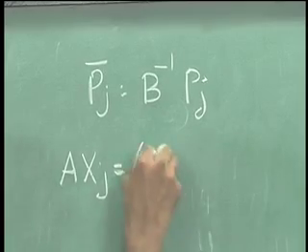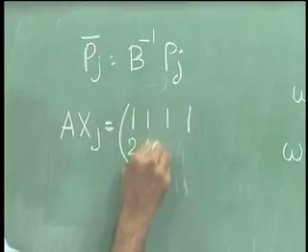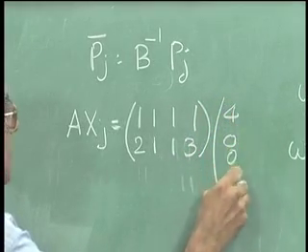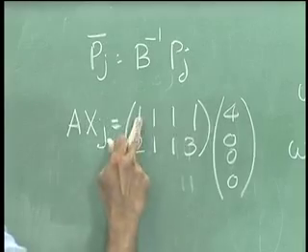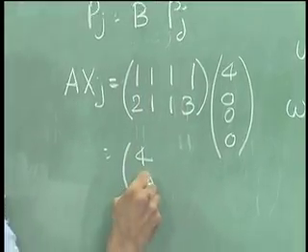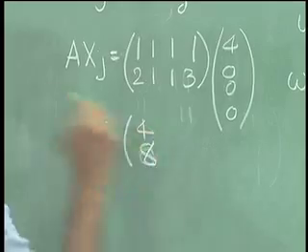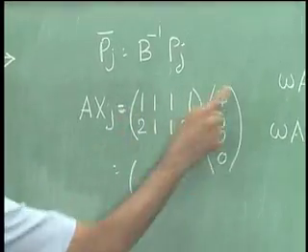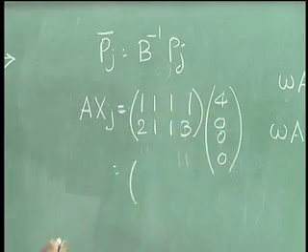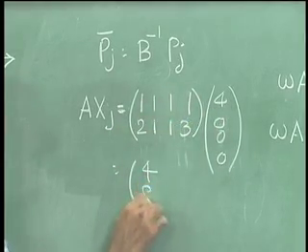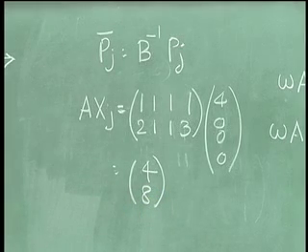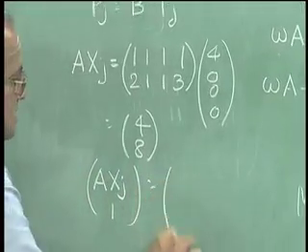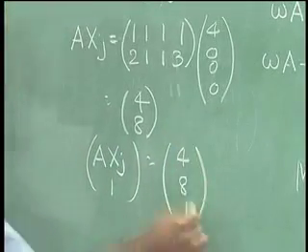So, a x j is 1 1 1 1 2 1 1 3 into 4 0 0 0. One into 4 plus 1 into 0 plus 1 into 0 plus 1 into 0 is 4, 2 into 4 is 8. So, we get 4 and 8. Now, a x j 1, which is p j, is 4, 8 and 1.